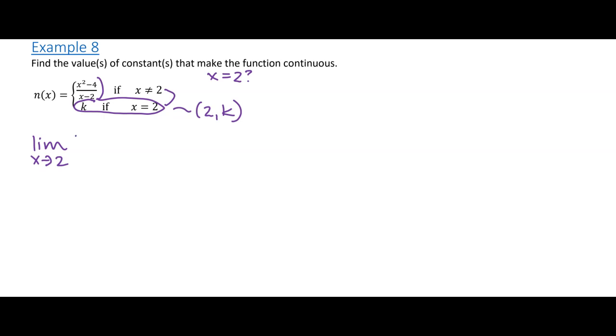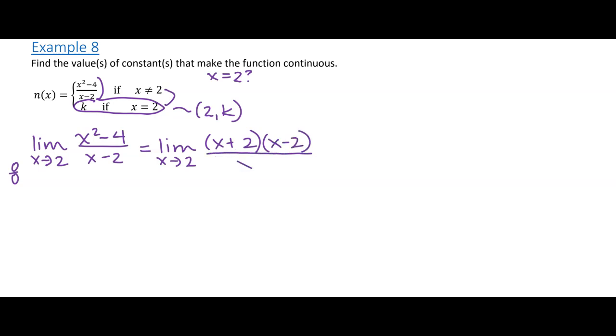So we want to take the limit as x approaches 2 of x squared minus 4 over x minus 2. And I do get a 0 when I plug 2 in, but I get a 0 on top as well. I think maybe this was in our examples list already. We can simplify this one with factoring. That's a difference of squares, so x plus 2, x minus 2.